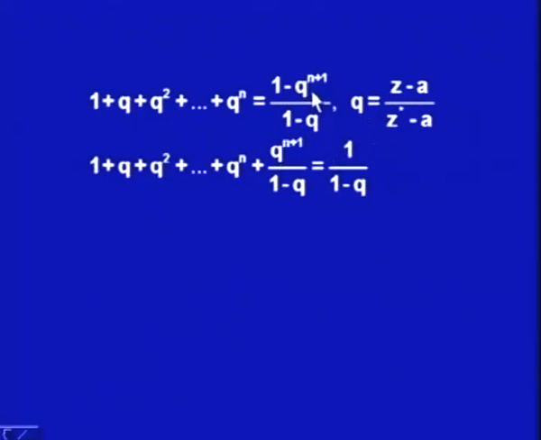So if I take this term on this side, then it is 1 plus q plus q squared plus up to q^n plus this term, which I am taking on the other side. So this is equal to 1 over 1 minus q.